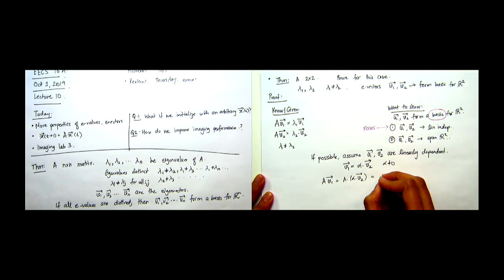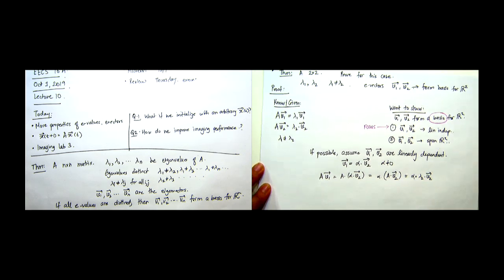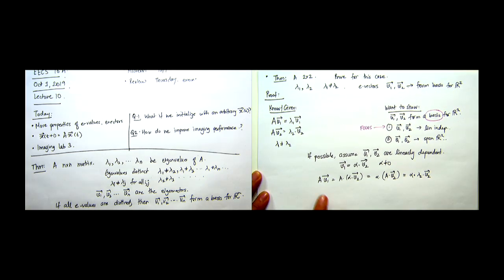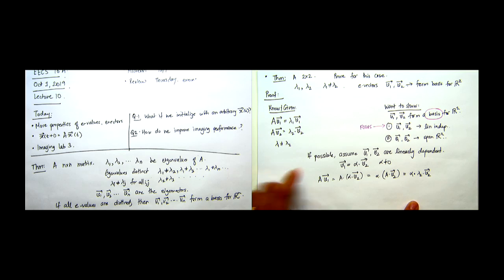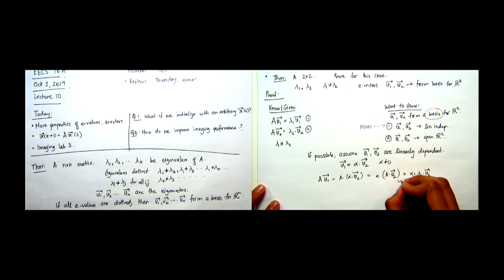I can write this further as alpha times A times V2, which is equal to alpha times, what is A times V2? Lambda 2 times V2. If this is 1, this is 2. This follows from 2.